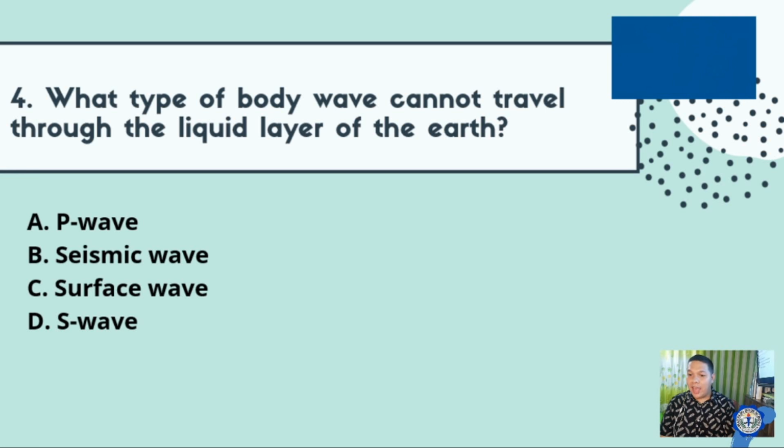The correct answer is letter D, S wave. S wave cannot travel through the liquid layer of the Earth. That is the reason why they are also slower than the P wave.